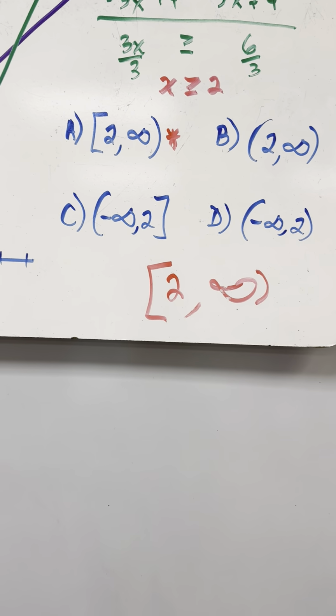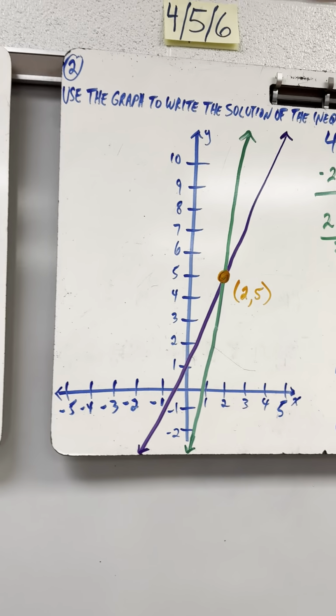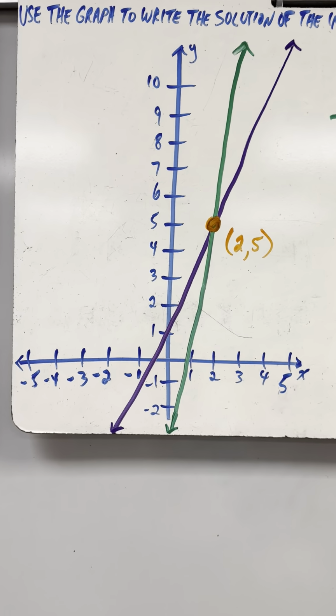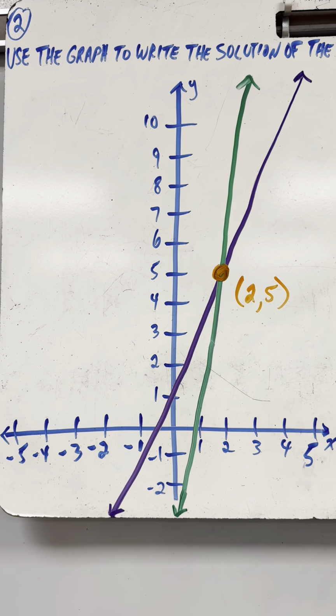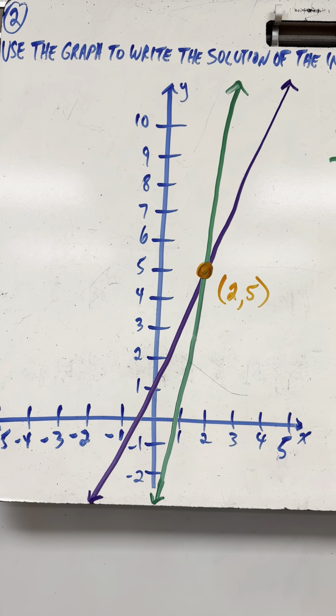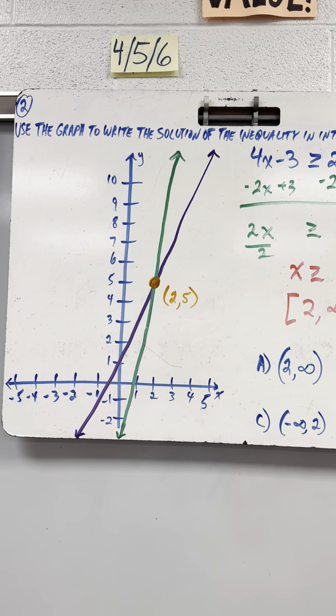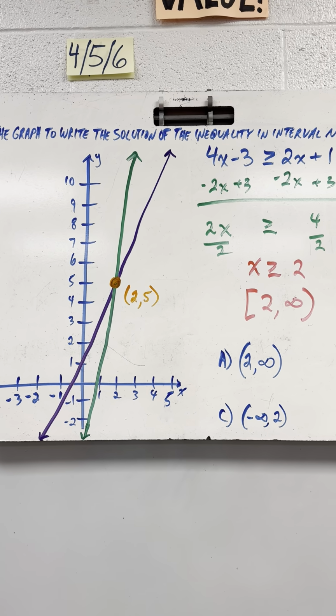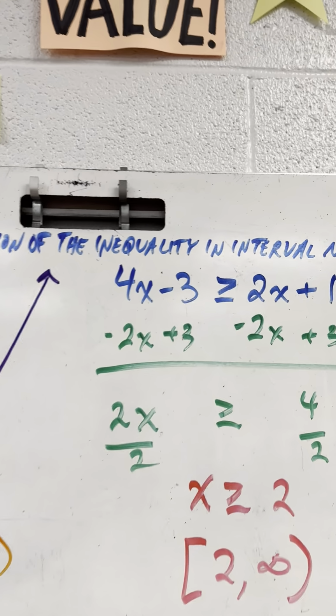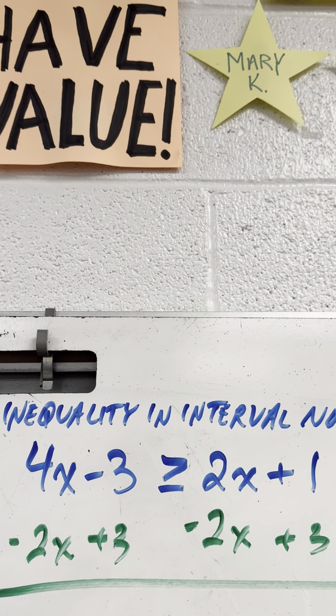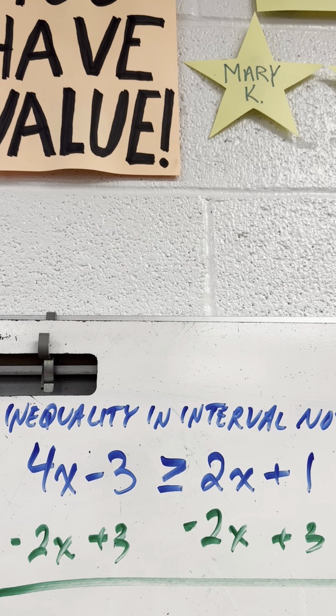Just like that. Here's another example. Once again, please ignore this graph, that's not the least bit helpful to this problem. So use the graph to write the inequality in interval notation. Once again, I am going to minus 2x from both sides and add 3 to both sides.